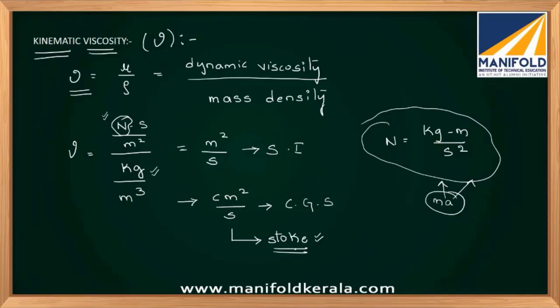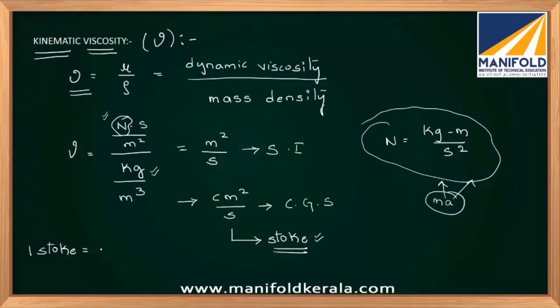Just as we call dynamic viscosity poise or centipoise, in GATE questions kinematic viscosity will be referred to in terms of Stoke. Stoke is centimeter square per second. One Stoke is equal to how many meters square per second?